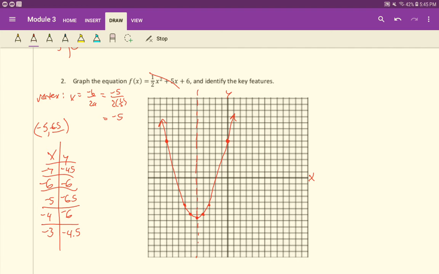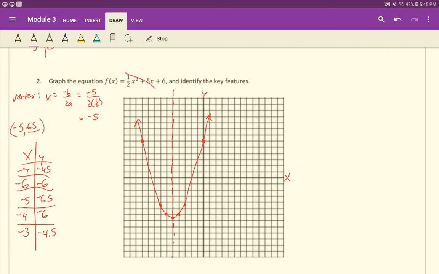Okay. So let's continue on here then, right? It's kind of hard to tell what these x-intercepts are here, so perhaps we should go ahead and set this equal to 0 and solve. So let's see here. 0 equals 1/2 x squared plus 5x plus 6. So I'm going to multiply both sides by 2 to deal with this 1/2 coefficient here. So we get 0 equals x squared plus 10x plus 12, and I'll see if I can factor this here.